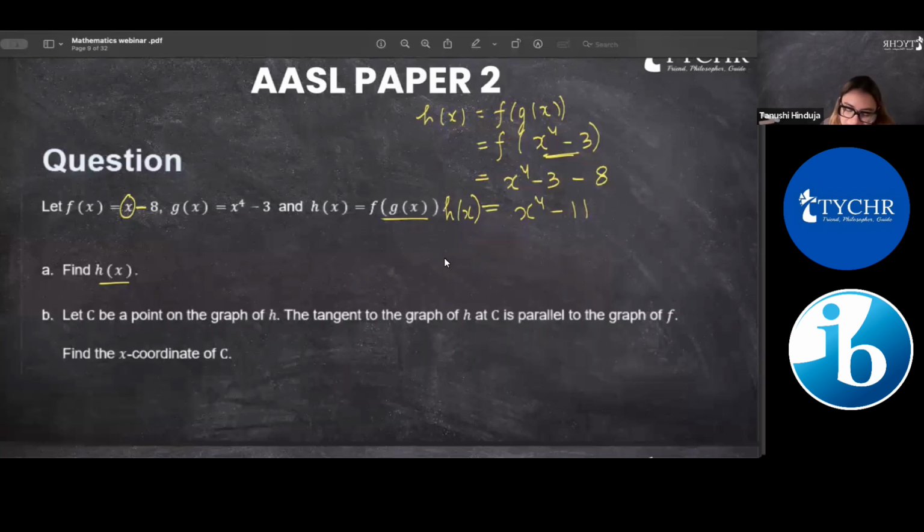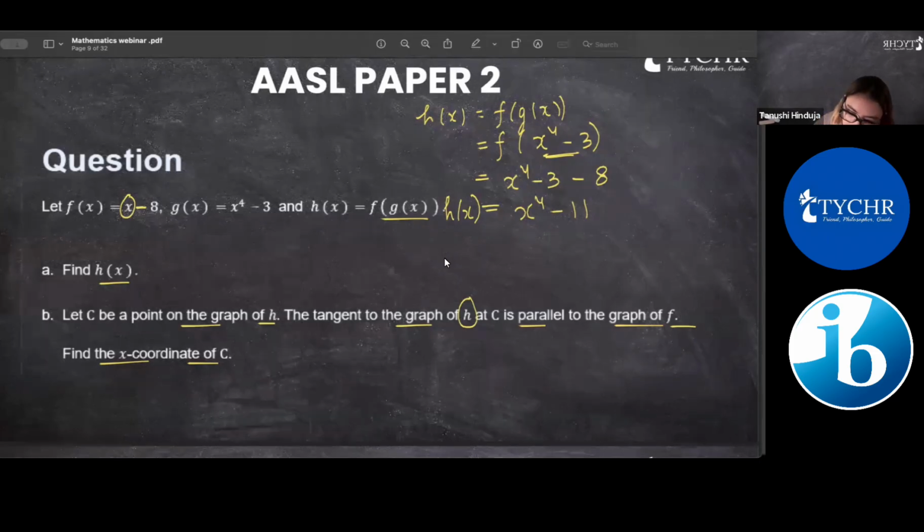Then they're saying that let C be a point on the graph of H. The tangent to the graph of H at C is parallel to the graph of f. We have to find the x coordinate of C. So this goes a little bit into the calculus part. If I want to find a tangent, that means I have to take the derivative.